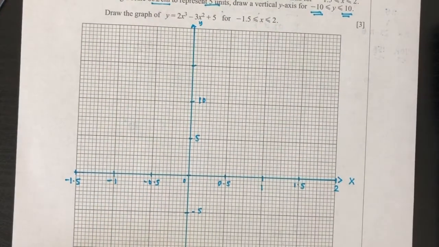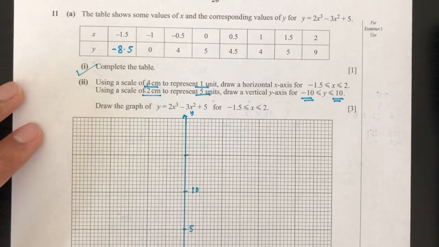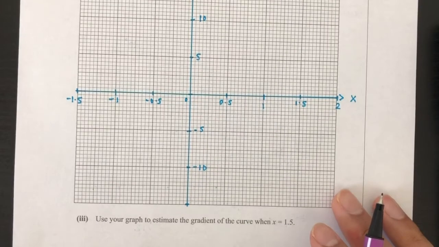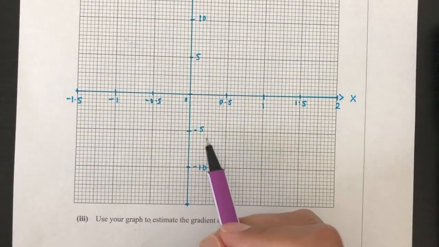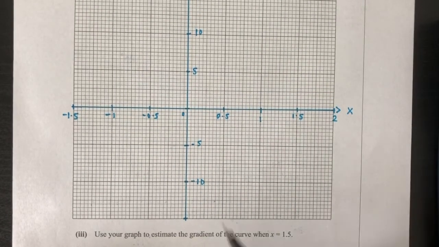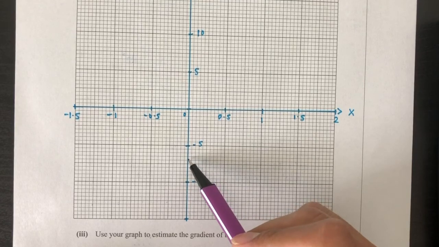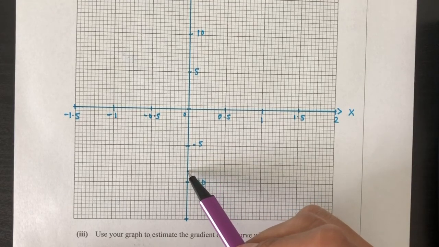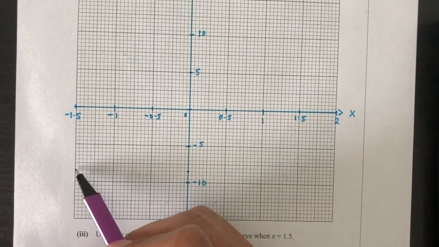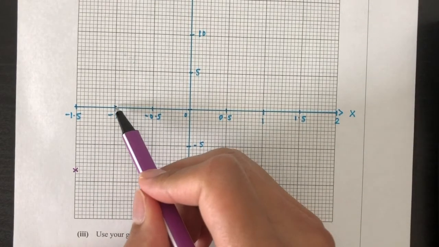Okay, so next step, let's plot the points. The first point we have is minus 1.5, minus 8.5. So this point, okay, let's count, minus 8.5. That will be 5, 6, 7, 8, 8.5 will be right here. First point. Then we have minus 1, 0. That will be this one.